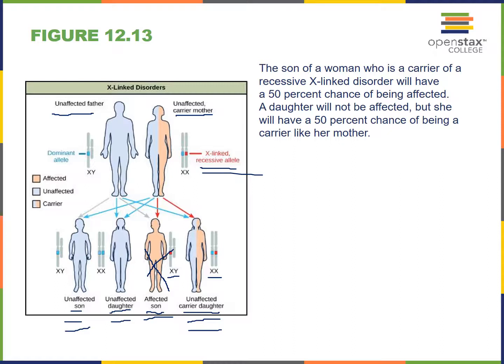Dominant lethal, these genes or these diseases will kill you if you get a single copy of the dominant allele. So you could be homozygous or you could be heterozygous, but it still leads to lethality.